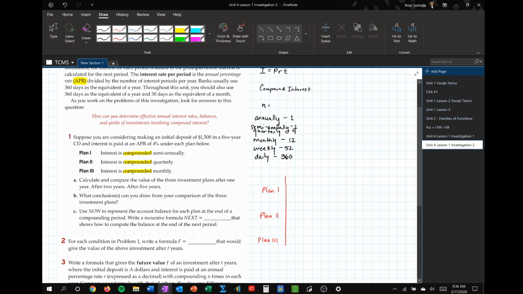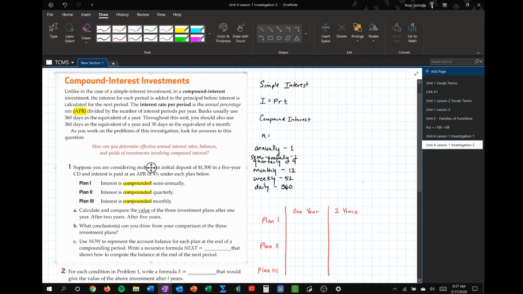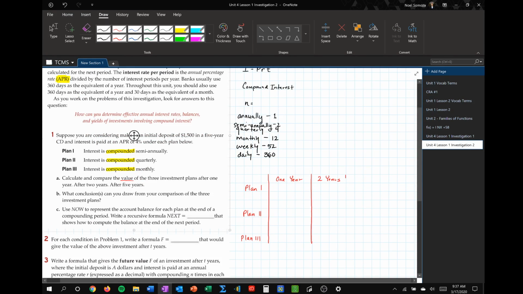Across the top, we're going with the value of the investment plans after 1 year, after 2 years, and then after 5 years.